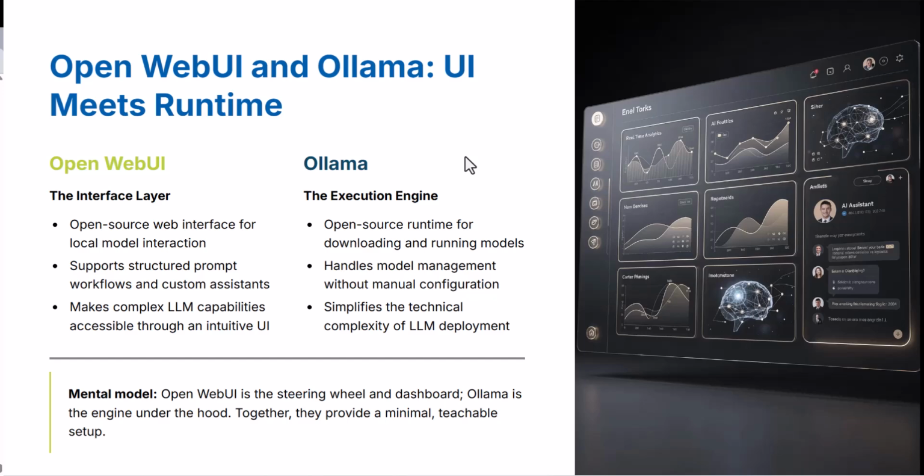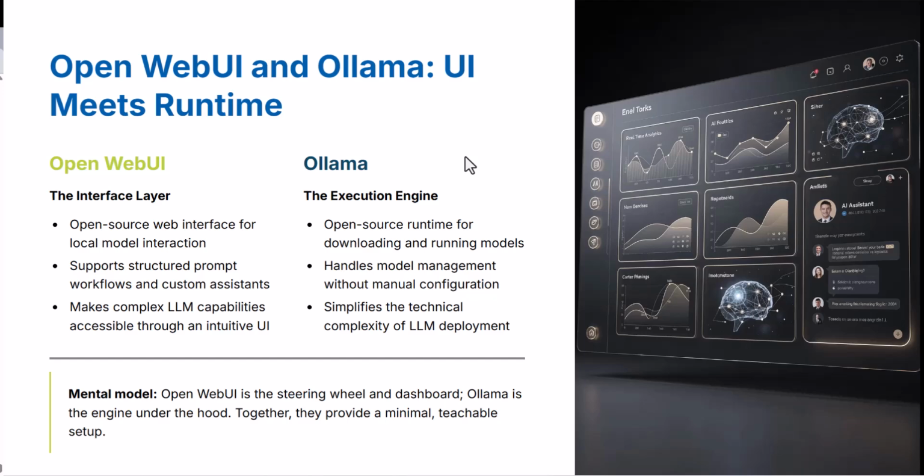Ollama is a widely used open source local runtime that simplifies model management by handling model downloads and execution with minimal configuration. You can think of OpenWebUI as the interface you work in and Ollama as the engine that runs the model. For this session, we use a container image that bundles both components, which keeps the setup minimal and reduces installation complexity.